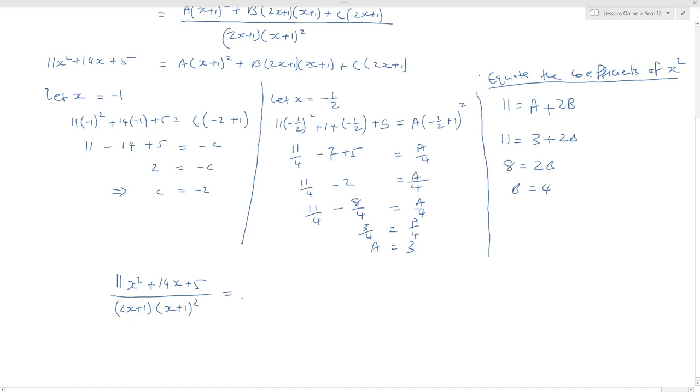And that's equal to, on the right hand side, A, which is 3, over 2x plus 1, plus B, which is 4 over part of the repeated root, x plus 1, minus then, because we've got minus 2, so minus 2 over the repeated root, x plus 1 squared. Job done.